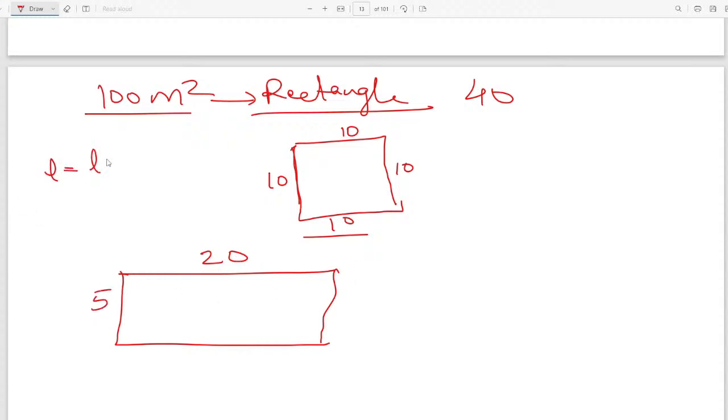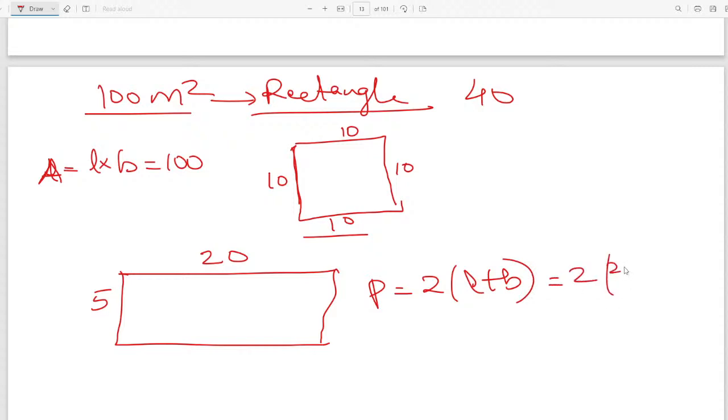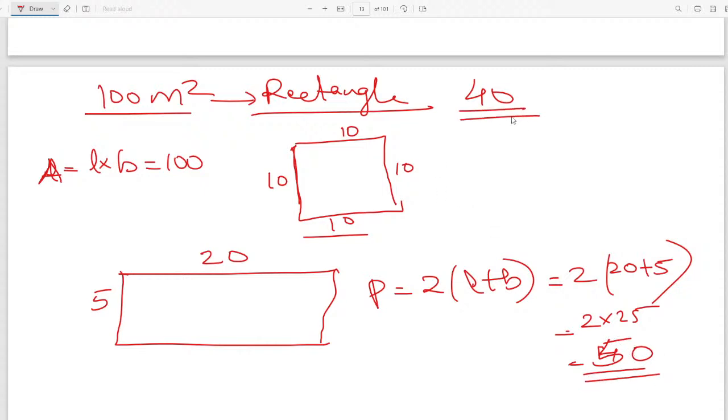Again, the area is L into B, that is equal to 100. But in this case, the perimeter would be 2 into L plus B, equal to 2 into 20 plus 5, equal to 2 into 25, equal to 50. But the least is 40.